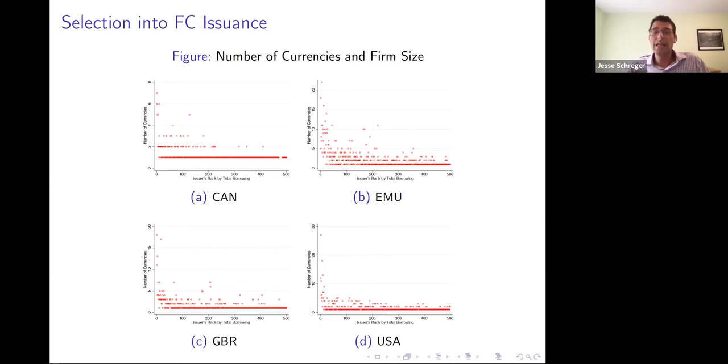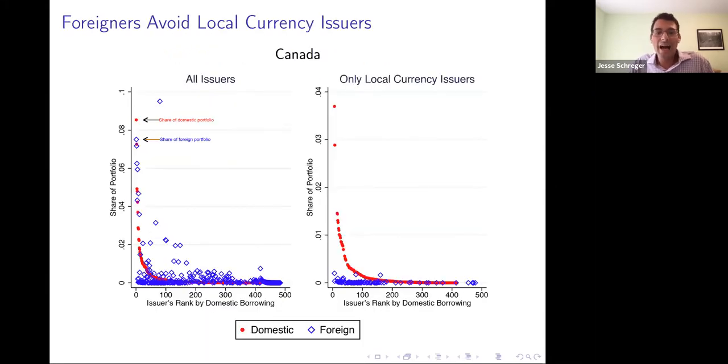The easiest way to dig into the implications of this home currency bias, combined with what looks like a fixed cost of issuing, since every firm does not borrow in every currency, is to ask how different the allocation of capital looks when foreign investors lend to firms than when a firm gets domestic investment.